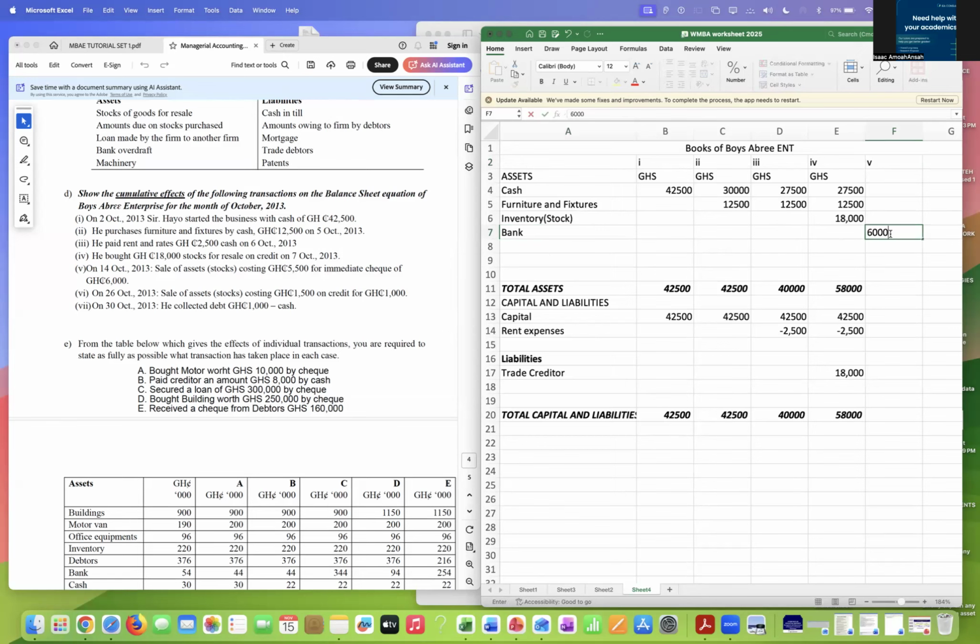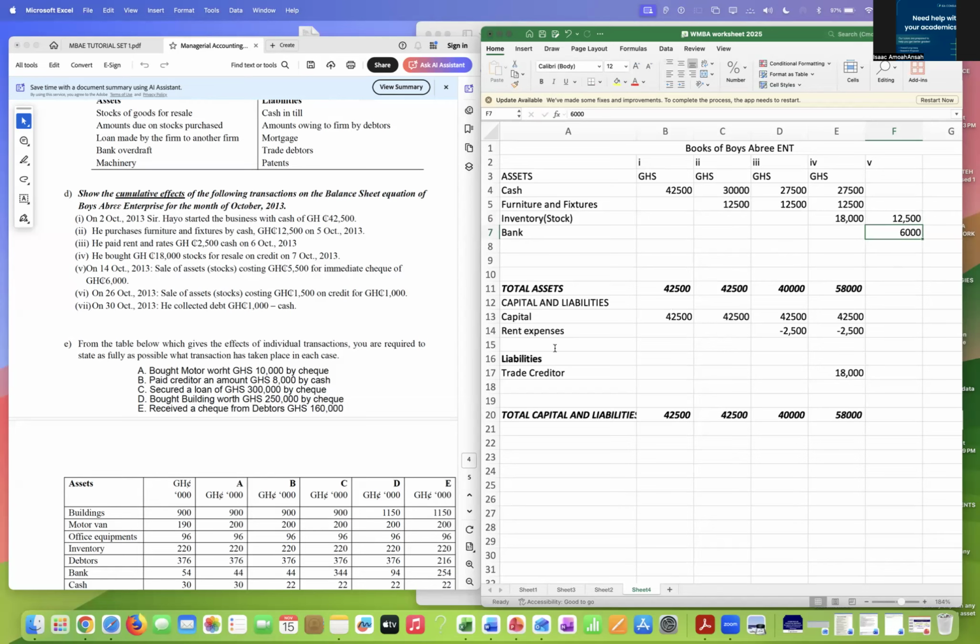We're having a new asset called bank, and then the amount involved or the amount that we are receiving is 6,000. All right. We have sold part of our inventory, so our inventory will not continue to be 18,000. What will be the new state of our inventory? It's the 18,000 minus the worth of inventory that we have sold, which is 5,500, right? So our inventory would decrease to 12,500 because we sold an inventory that cost us 5,500 for 6,000. We've generated a profit. Is that so?